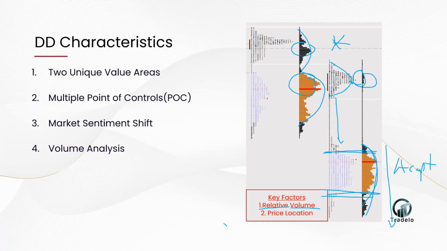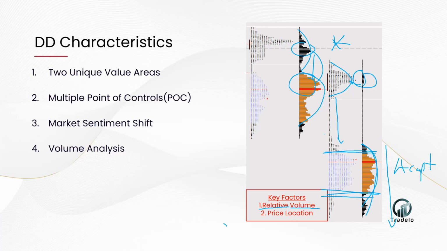So in general, the greater the skew, the more likely we are to continue. The less of a skew, and I'll show you quite a few examples today where we talk about skew, the more likely it is that the next day we're going to come in and balance out within this area. That's rule number one, or factor number one, that we look at after day one where the double distribution is formed.